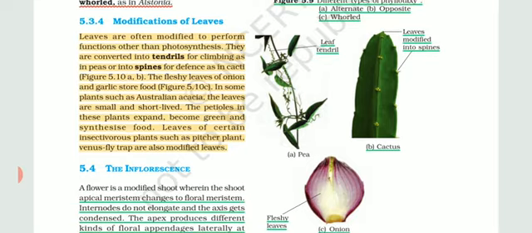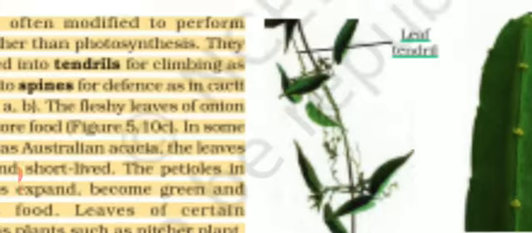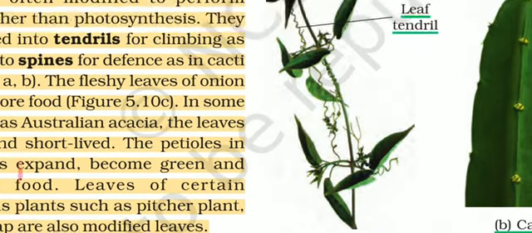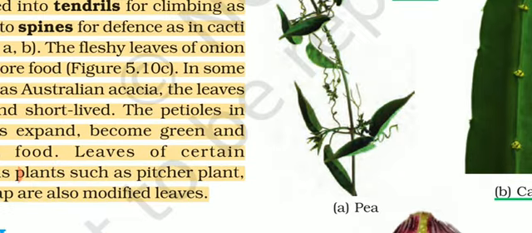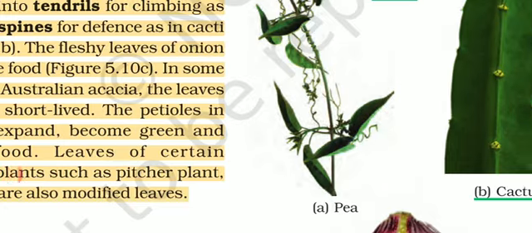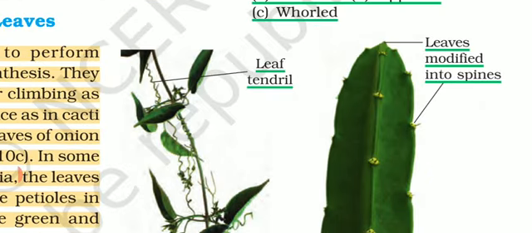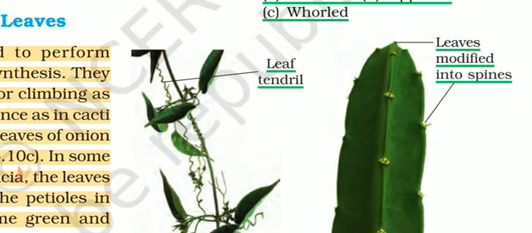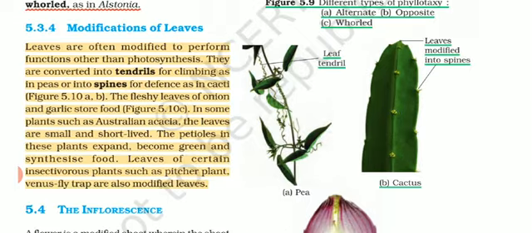So you can see in the first diagram, in case of peas, leaves, their topmost part, now it is converted into tendrils and acting as a support part. In case of cactus, leaves are modified into the spines. So this is a fleshy stem.